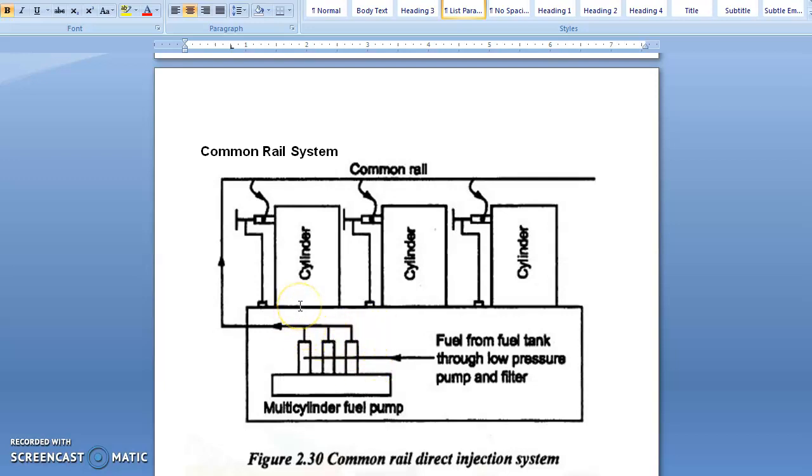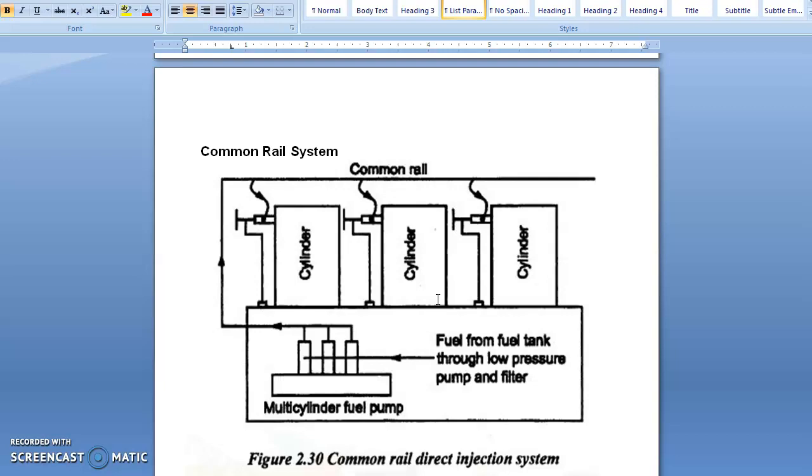Instead of using an individual pump for each cylinder, we are using a multi-cylinder fuel pump, and from that pump it supplies all the cylinders with the help of a common rail. That is why this method of fuel injection is named the common rail system.